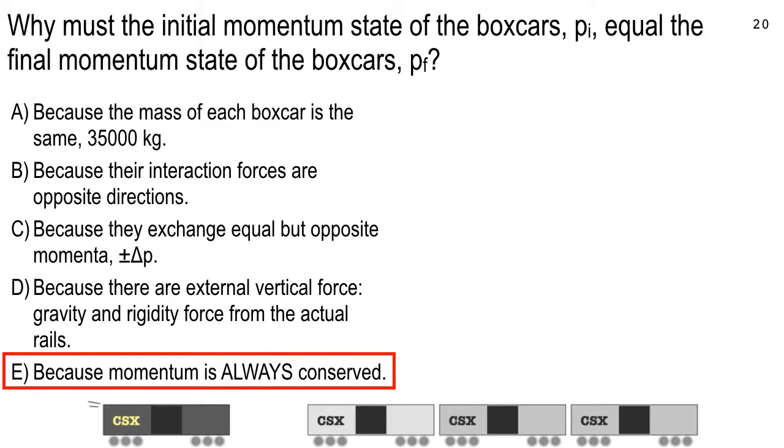So that means that in any interaction without any unbalanced external forces acting, like this one, P subscript I and P subscript F are going to be the same size.